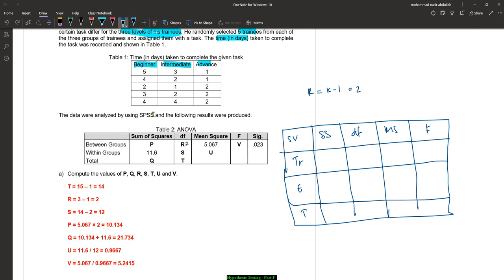For treatment, this is 11.6, 5.067. That's all we have.